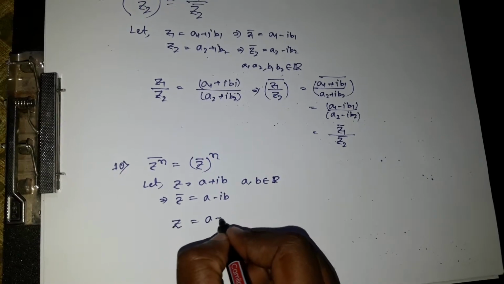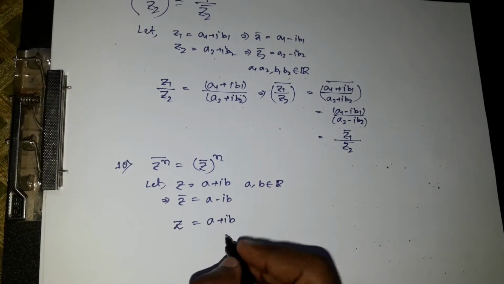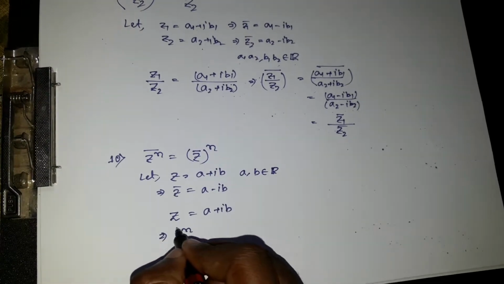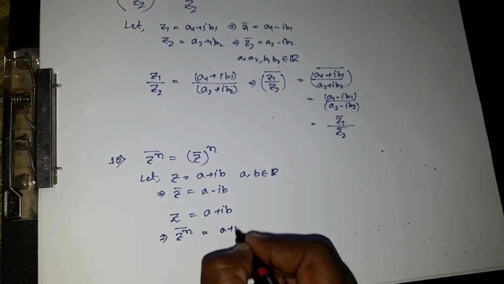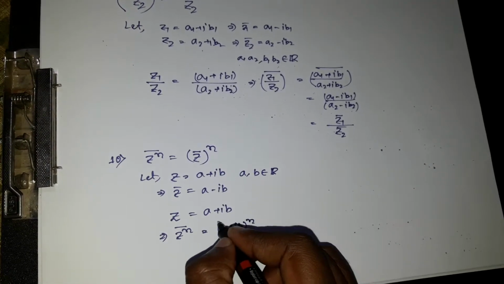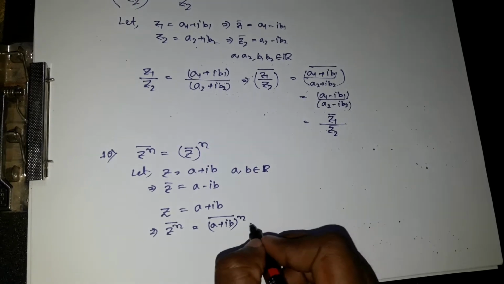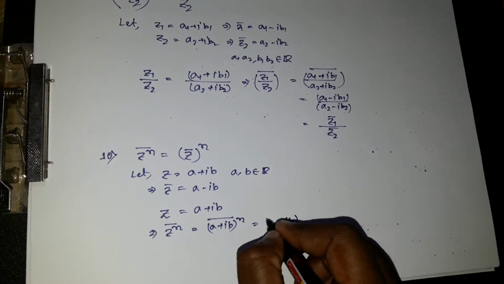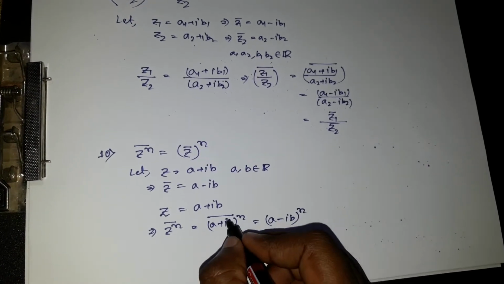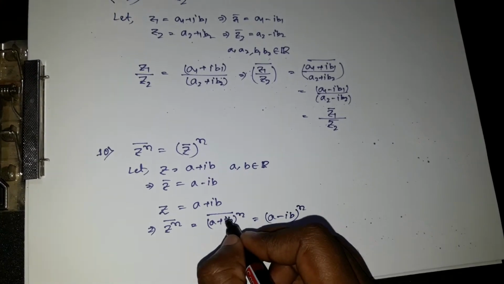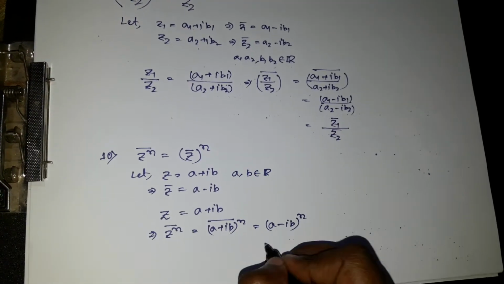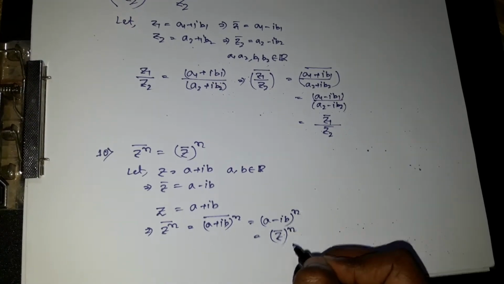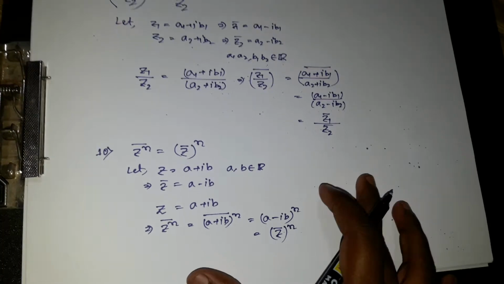Then z to the power n bar, that is a plus ib to the power n whole bar, is equal to a minus ib to the power n, because the sign is changed by the presence of the bar. So we may say that it is z bar to the power n. So property number 10 is established.